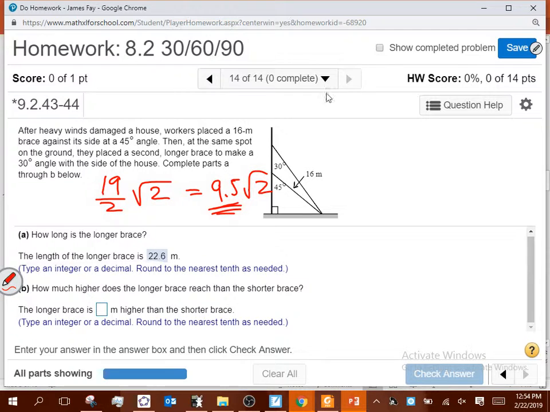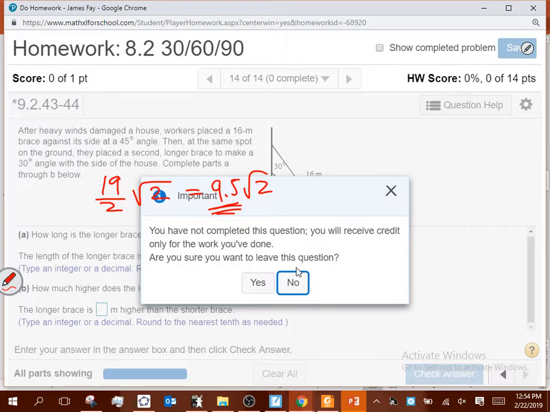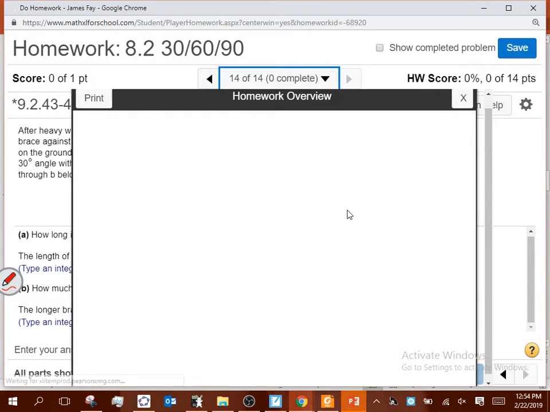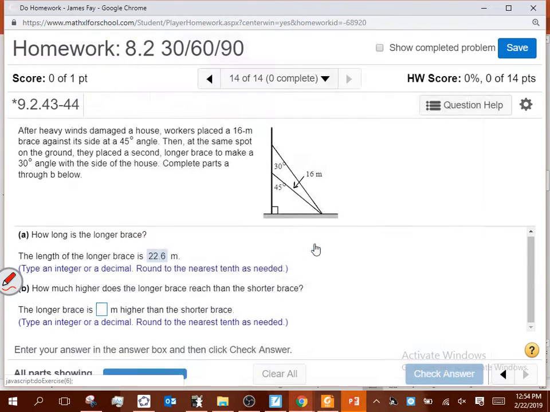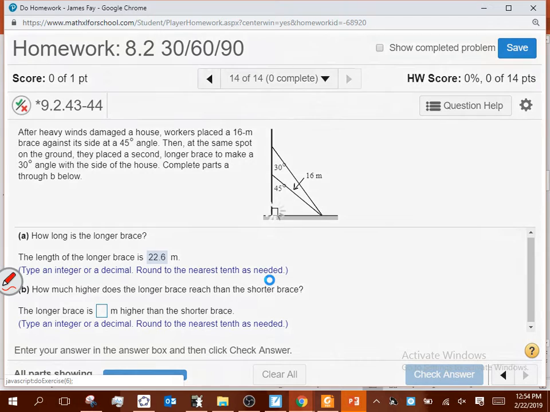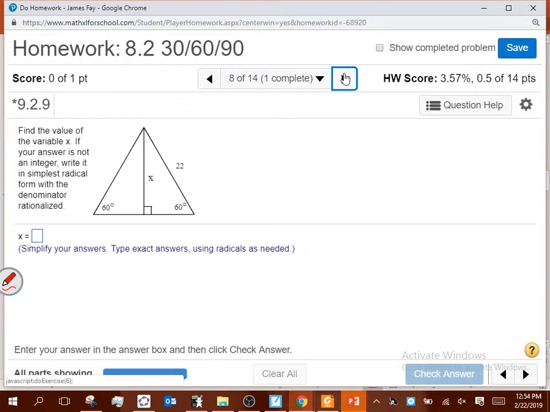All right, so I think somebody asked about question 7 or 6, maybe. The one with the trapezoid. Does anybody know what question it was?